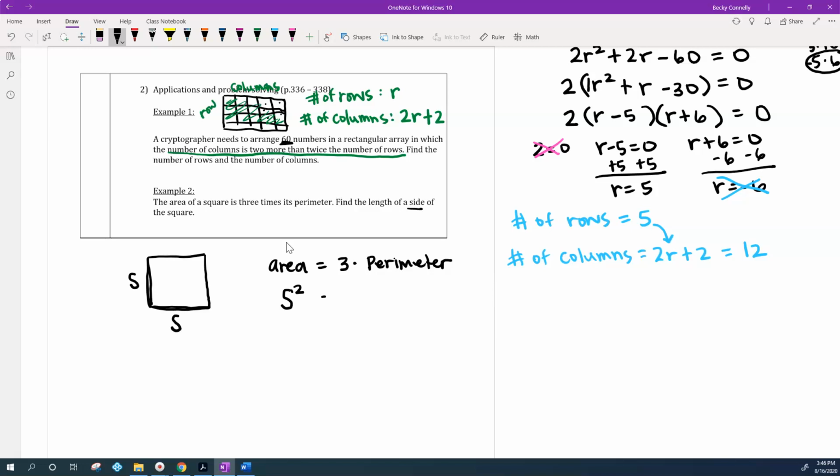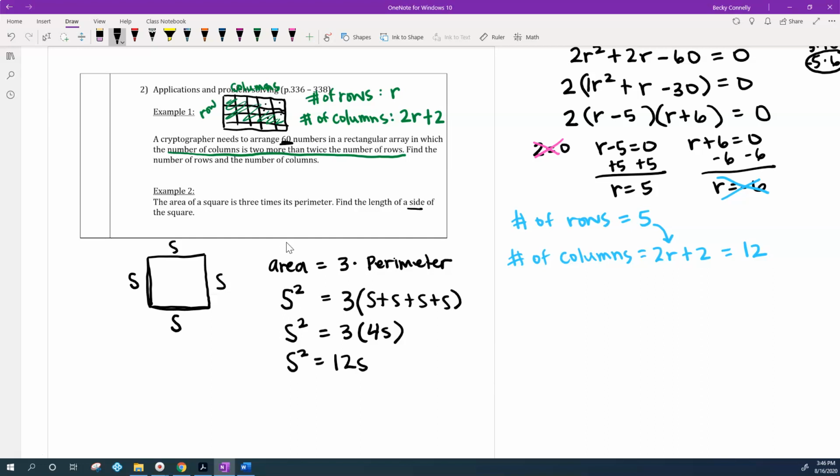And then the 3 times the perimeter, so I'm going to do 3, and then how do we find the perimeter? Well, we add all sides together, right? So S plus S plus S plus S. And then if I simplify this more, S squared equals 3 times 4S, so S squared equals 12S.